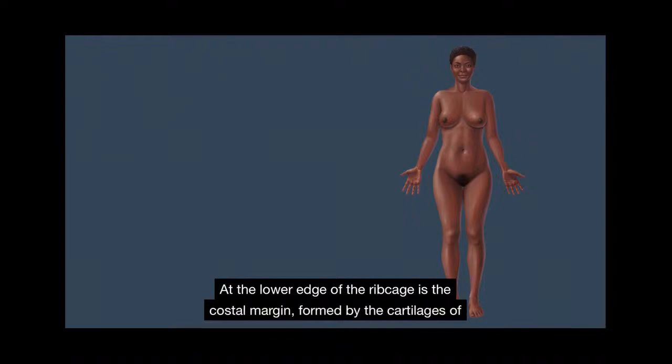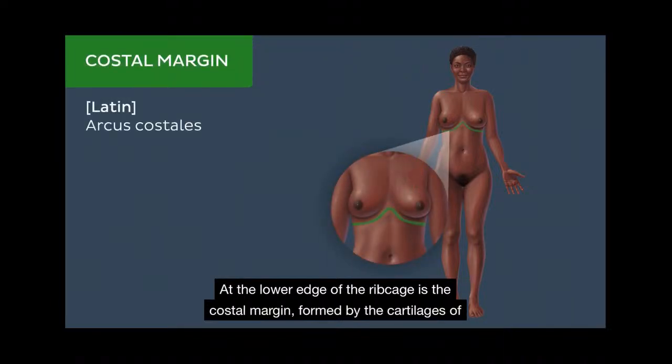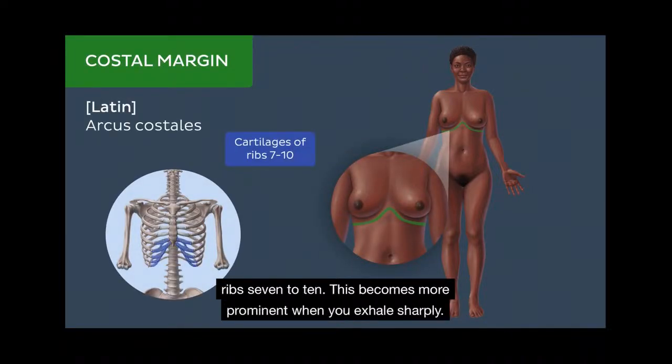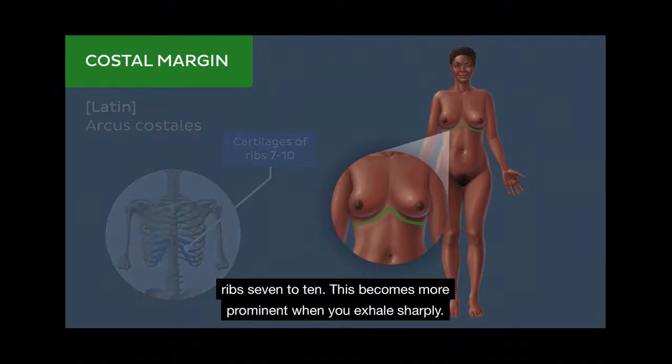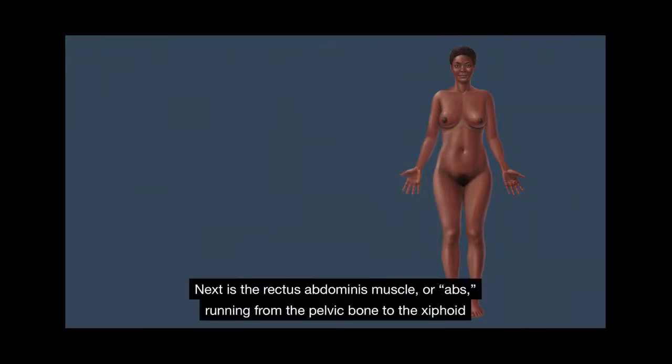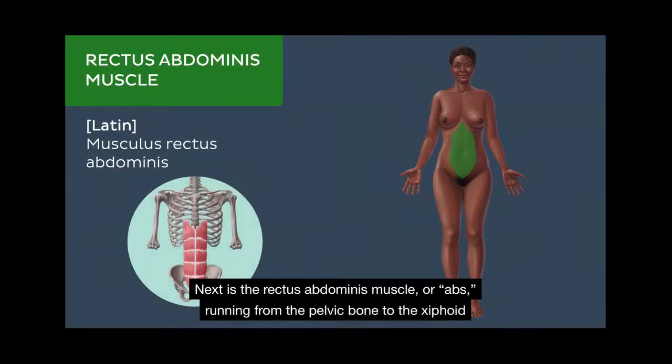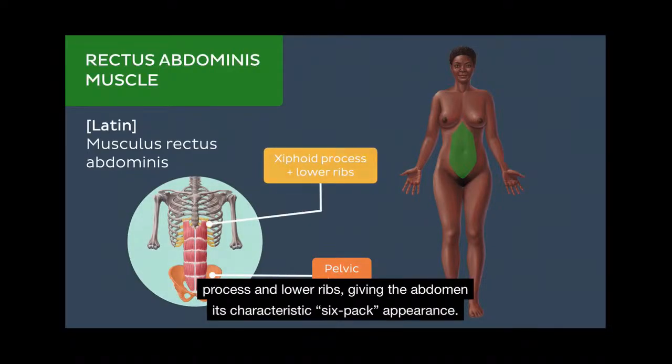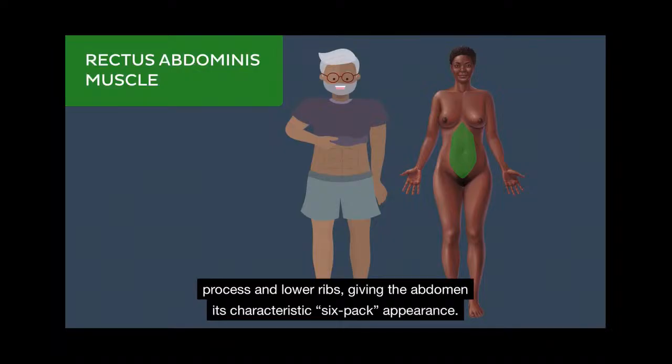At the lower edge of the rib cage is the costal margin, formed by the cartilages of rib 7 to 10. This becomes more prominent when you exhale sharply. Next is the rectus abdominis muscle, or abs, running from the pelvic bone to the xiphoid process and lower ribs, giving the abdomen its characteristic six-pack appearance.